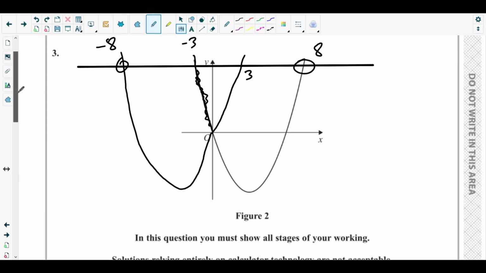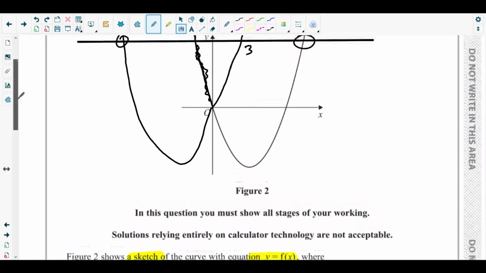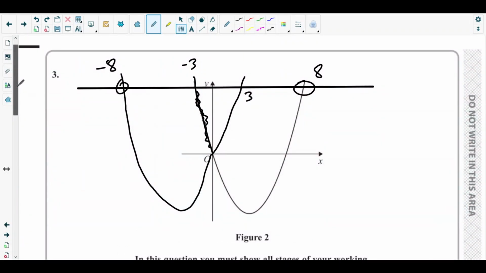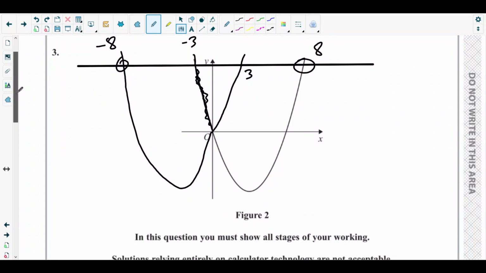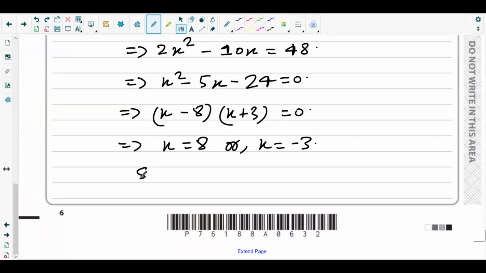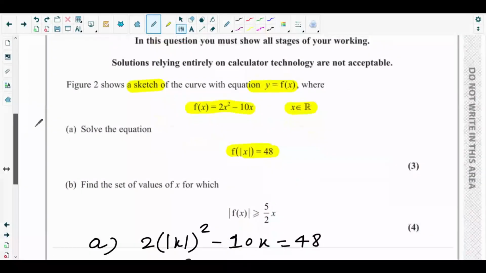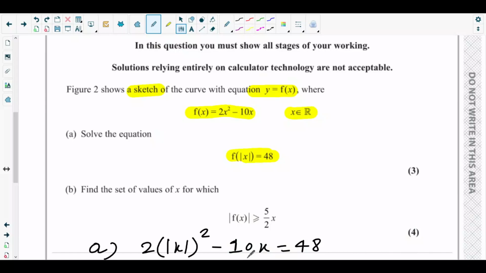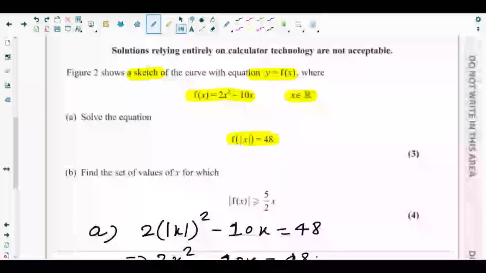We will write only 8 and negative 8, because at these 2 points the line y equals 48 is intersecting the modulus graph. So the possible values for x are plus or minus 8. That's exactly what part A of question number 3 has asked for.